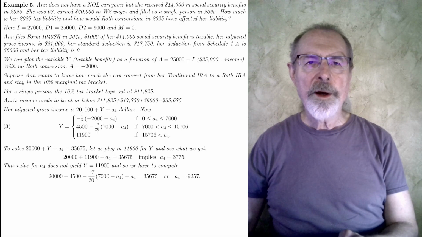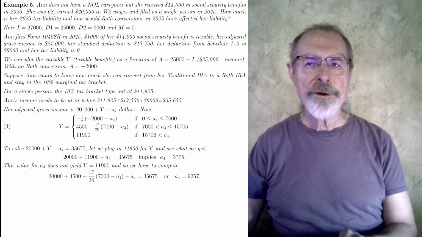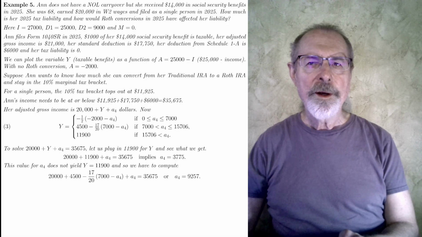Now, we could plot the variable y, which is the taxable portion of her benefit, as a function of a, which is D1 minus I, 25,000 minus her modified adjusted gross income. Without a Roth conversion, a is minus 2,000.